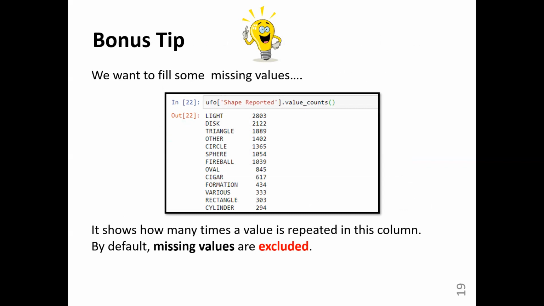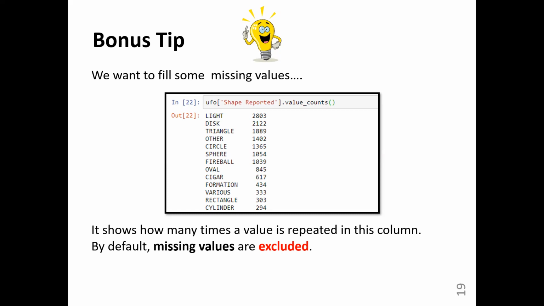Okay, meanwhile, while we try to find one answer, let me know: do you think that if I sum these values up, it's going to be 18,000 some hundred? Yes or no? How do I know? The question is, I said UFO shape reported and sum the values up.